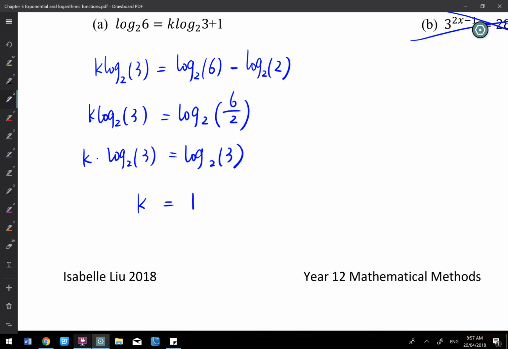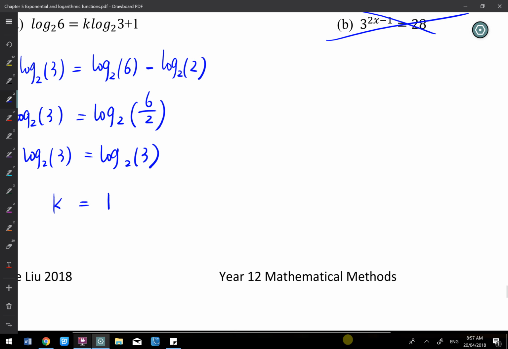Divide log 2 3 on both sides, you have 1. It's the same as how you solve for other values. You want one log. You combine all the things together as log. The constant, you make it into log. And then we combine them, and divide by the coefficient.